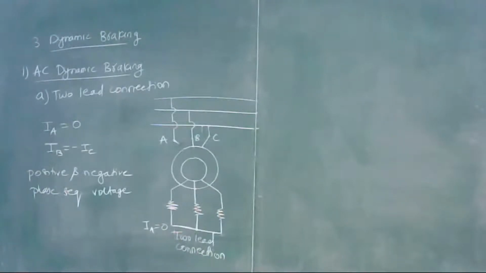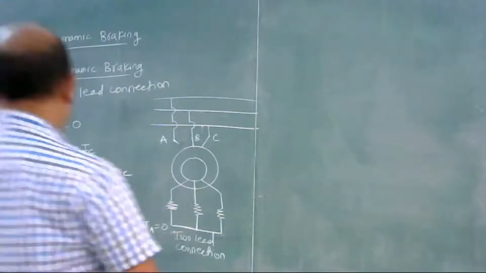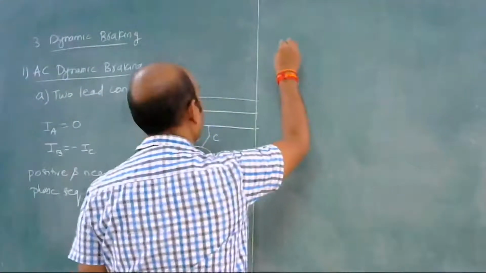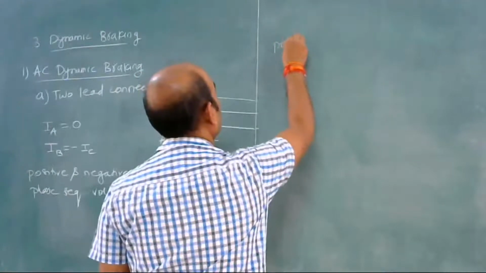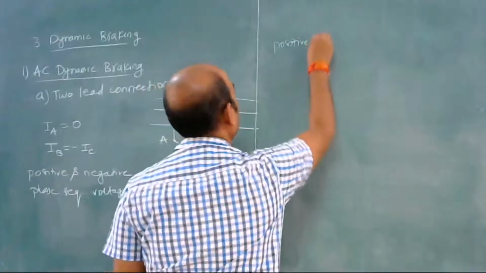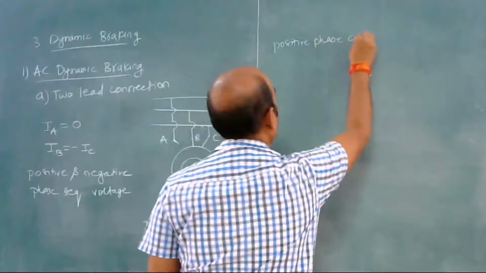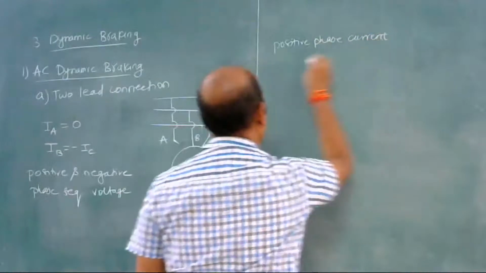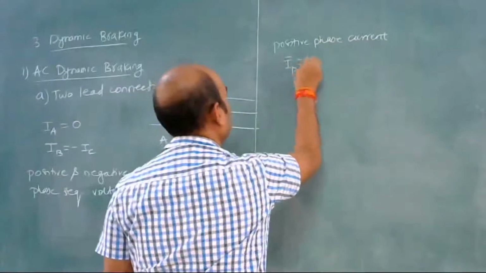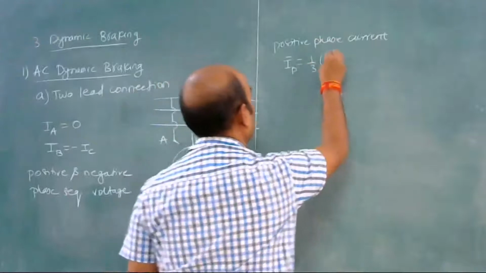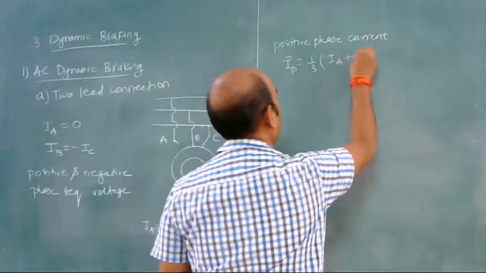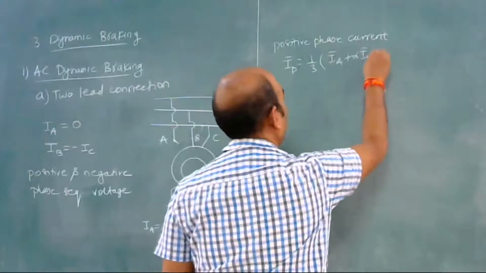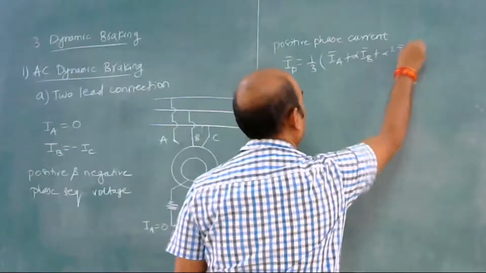So what will be the positive phase sequence current? IP will be equal to 1 upon 3 (IA plus alpha IB plus alpha square IC).